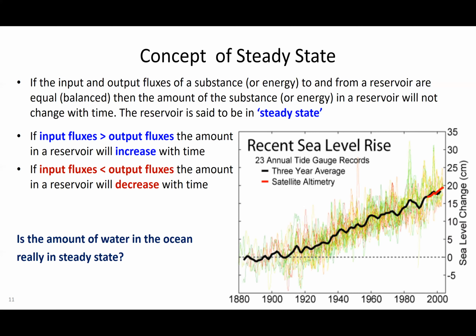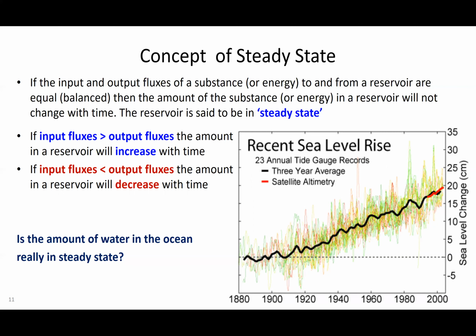So here's a diagram of sea level change over the last 100+ years. What we've seen in the big hydrological cycle model is that the inputs into the ocean are roughly equivalent to the outputs from the ocean each year. On that basis, we were expecting the ocean to be in steady state.